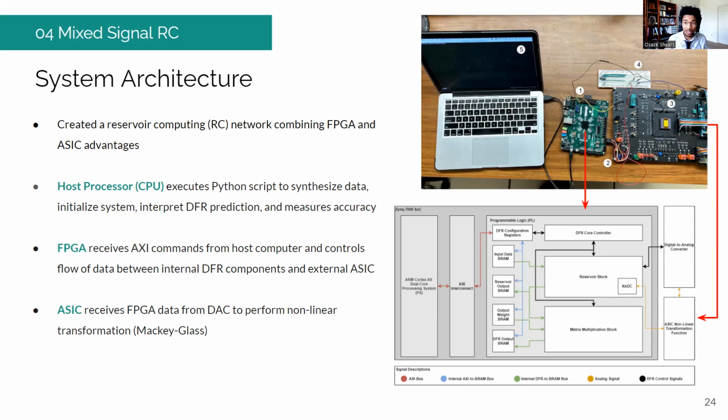The main idea for the mixed signal part is that the nonlinear transformation, the single node responsible for applying the activation function in the network, is implemented in an external ASIC. The reason is that the activation function of a neural network is typically what uses some of the most resources in terms of how it's implemented.